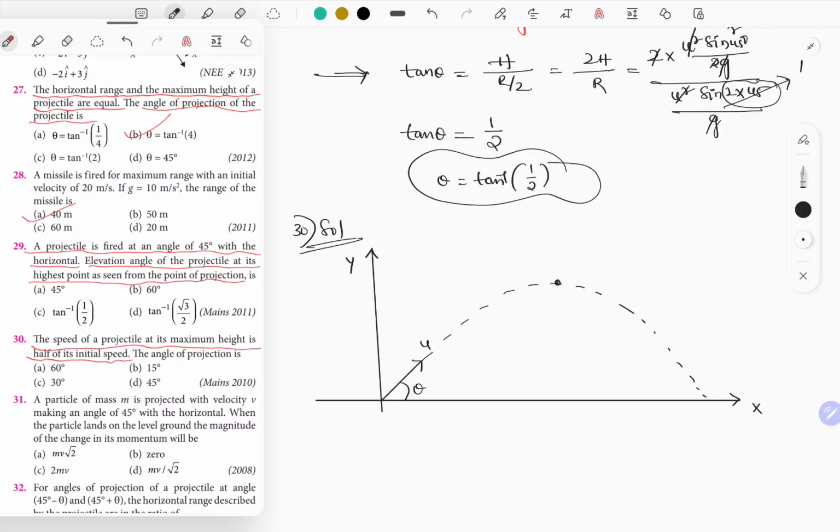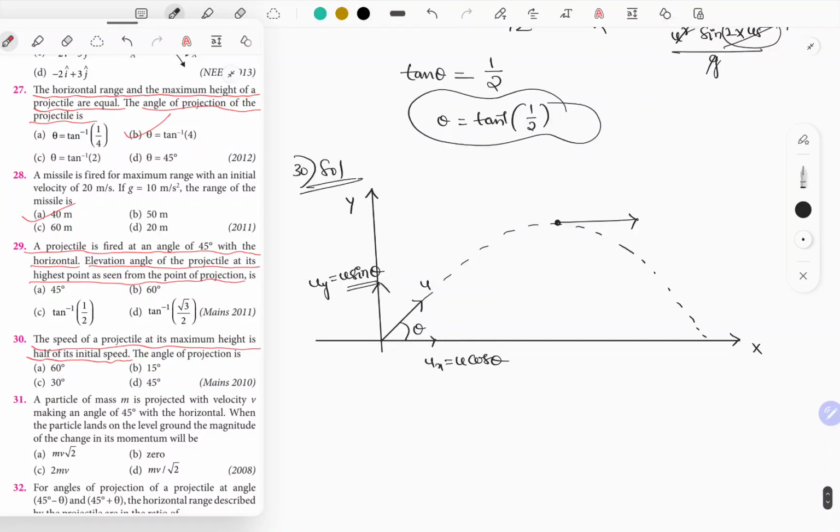When it is at maximum height, what's the horizontal component of velocity? It is going to be ux equal to u cos theta. Vertical component is uy equal to u sin theta. The horizontal component of velocity is going to be constant throughout the projectile motion because horizontal acceleration is 0. The vertical component of velocity reduces to 0, then increases to a maximum value.